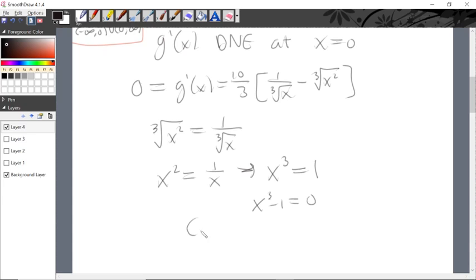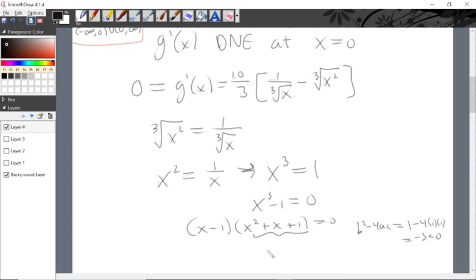If we set it up that way, we can factor x cubed minus 1 as x minus 1 times x squared plus x plus 1, set equal to 0. But x squared plus x plus 1, okay, the discriminant for that would be negative. b squared minus 4ac is going to be 1 squared minus 4 times 1 times 1. That equals negative 3, which is less than 0.